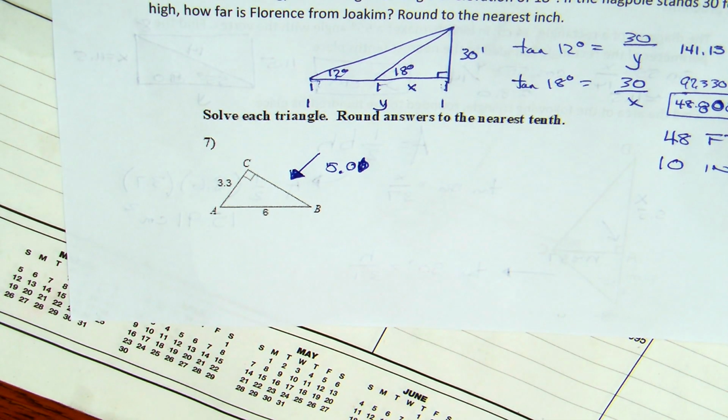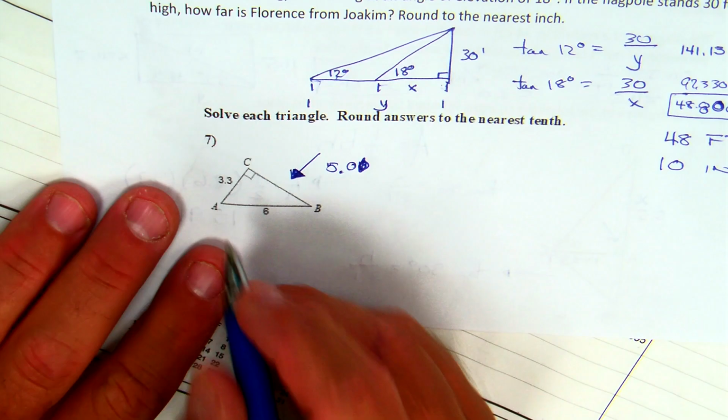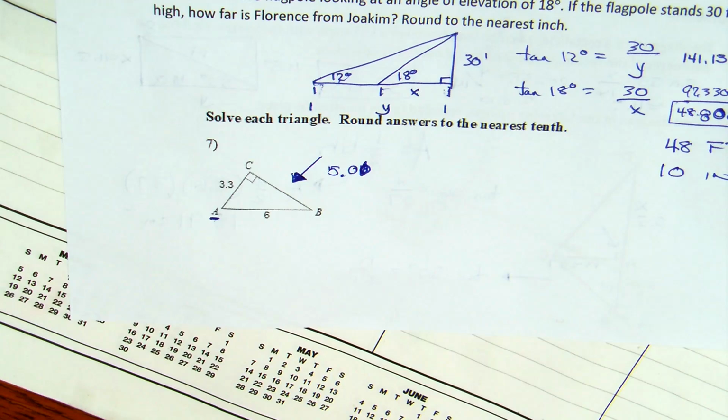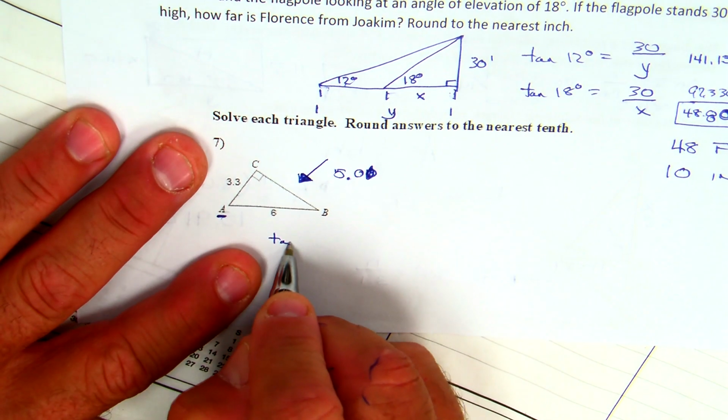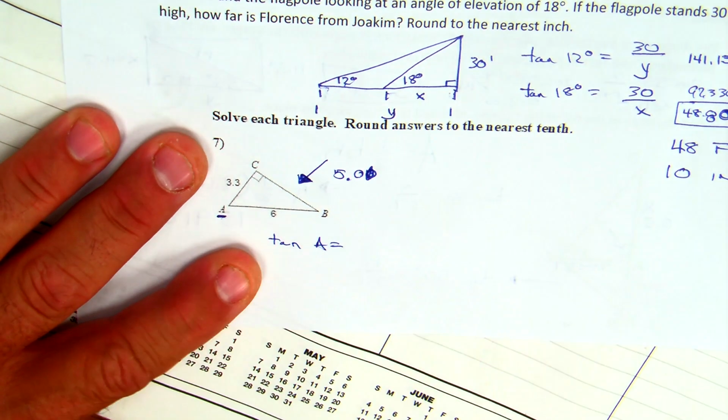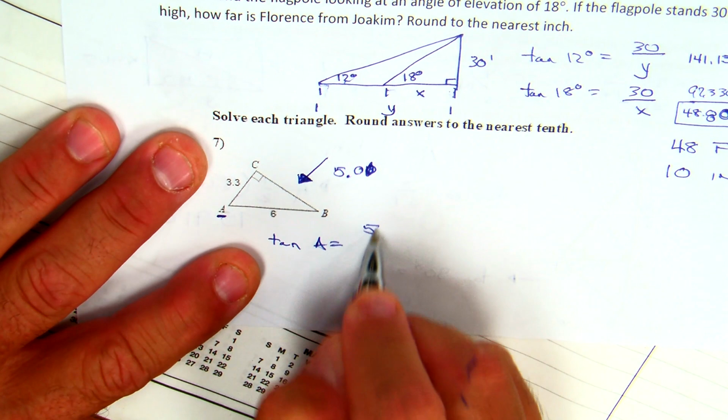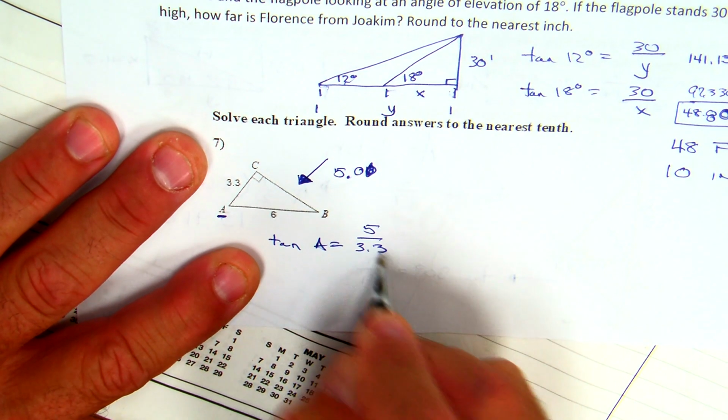Now to find the angles, I need to use trig at some point. If I want to find angle A, now that I have all three sides, I can use any of the trig functions I want. So if I want to use tangent of A, equals the opposite, which is 5, over the adjacent, which is 3.3.